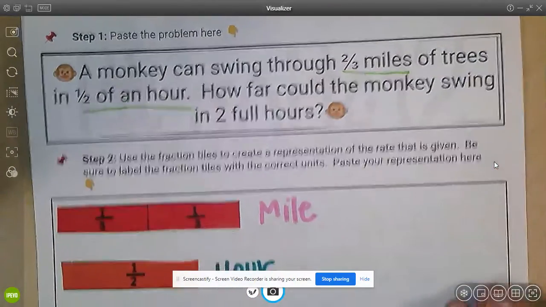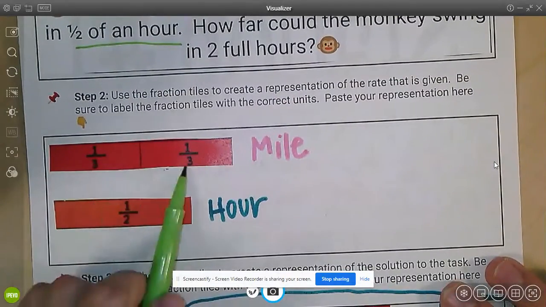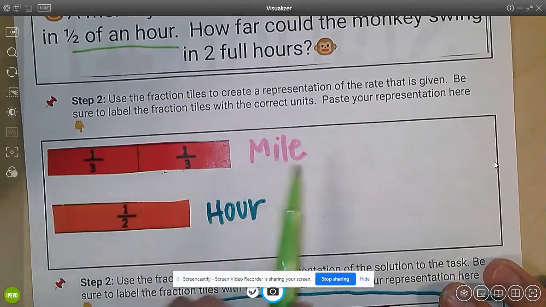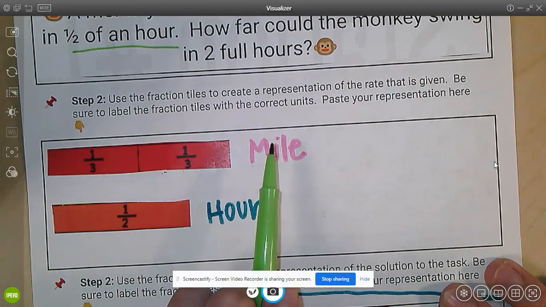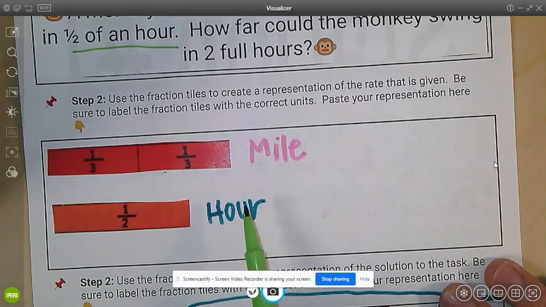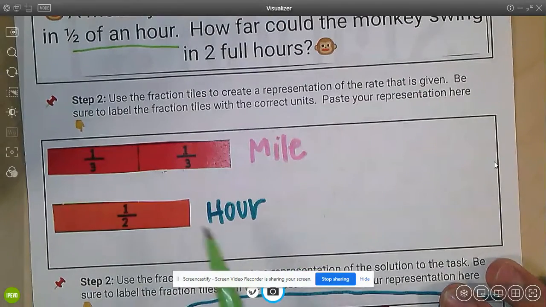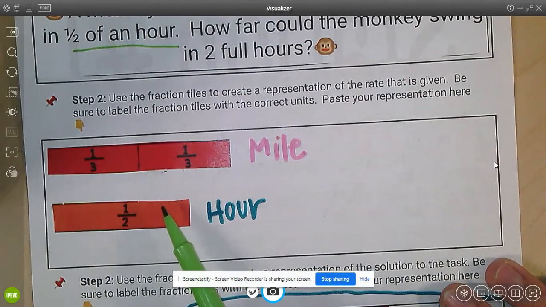How I've shown that is I've taken 2/3 pieces and labeled that as miles. I would pick 2 different colors, one color for the first part of your unit and one color for your second. So 2/3 miles in 1/2 of an hour. You will paste those down and label them.